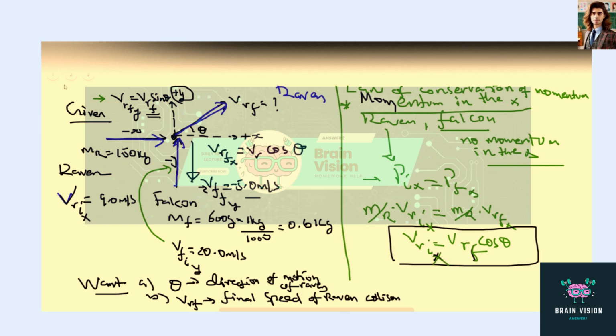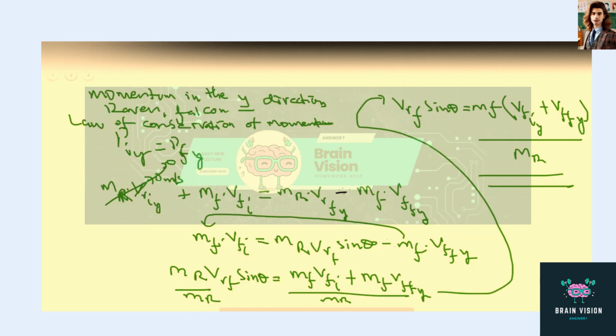And then the second part, we're dealing with the y direction. For the raven, the initial velocity in the y direction is 0, but then there's a final velocity in the y direction.